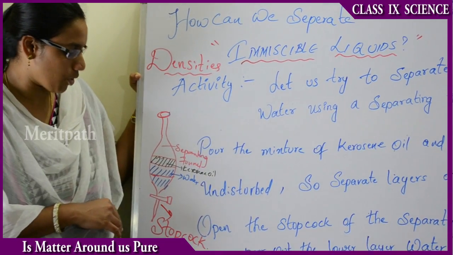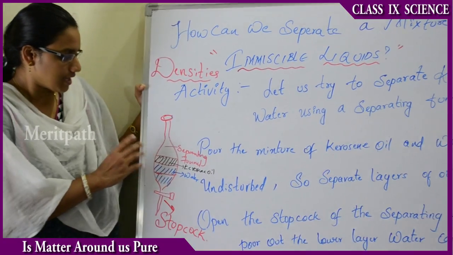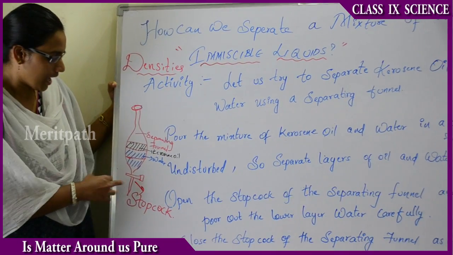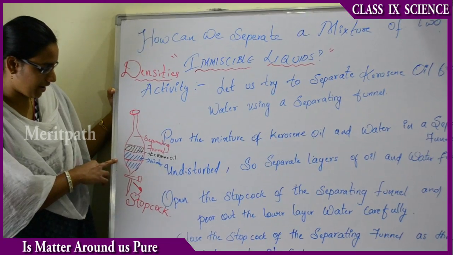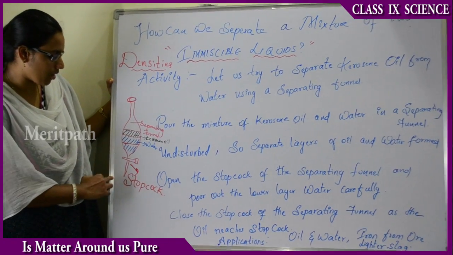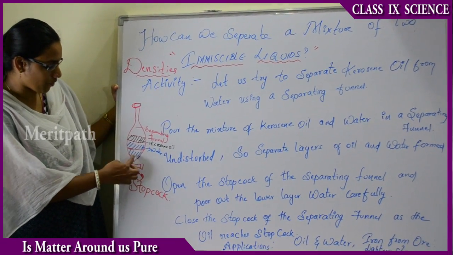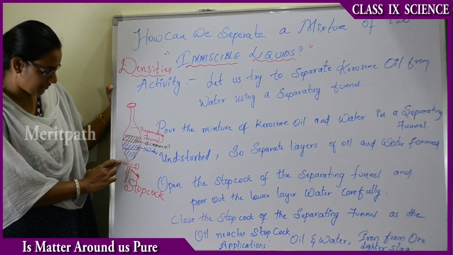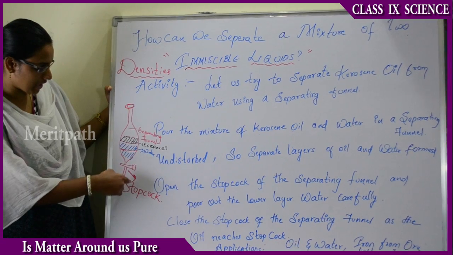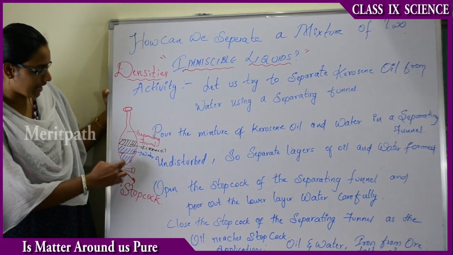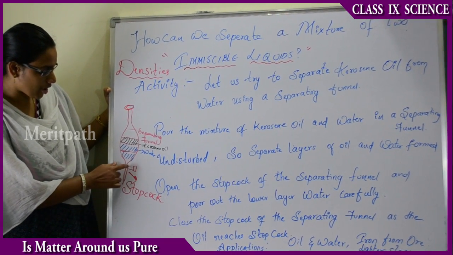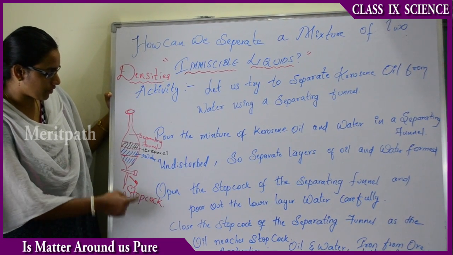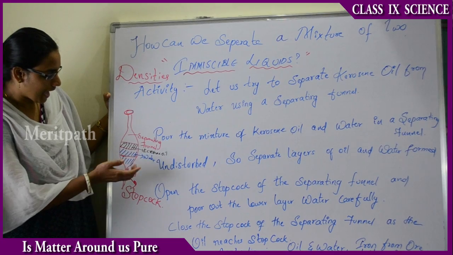Now the separating funnel is fitted with a stopcock at the bottom. When we open the stopcock, we first get the water, which has higher density and settles down in the separating funnel. The water flows out from the stopcock, and we close the stopcock when the water has completely gone out of the funnel.